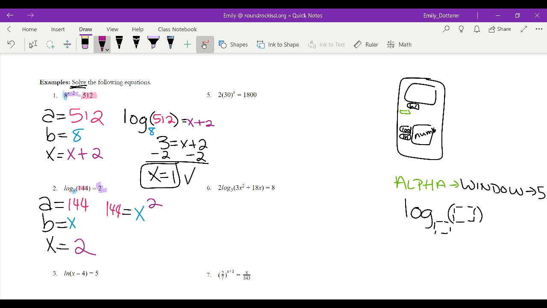So from here we're trying to get x by itself. So we're going to take the square root of both sides. Just from solving that, x could be either positive 12 or negative 12.